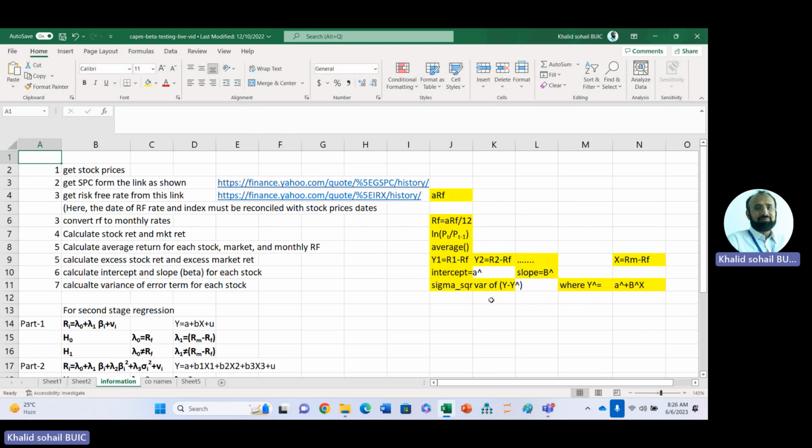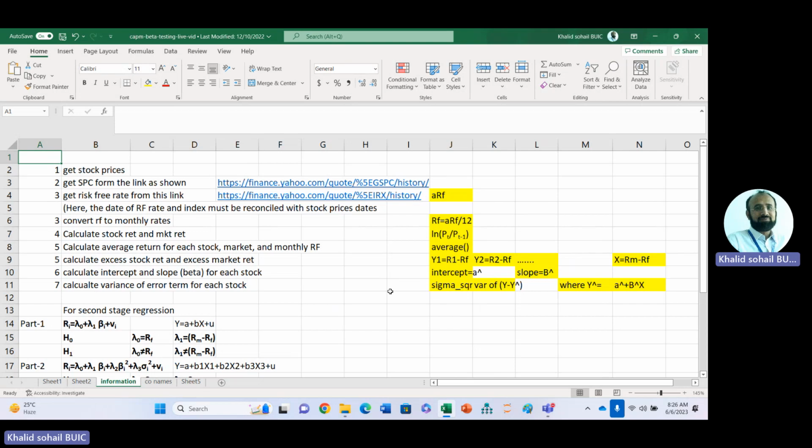We will get the error of each company, and let's say we have 100 companies, so we should have 100 error terms. Then we will find the variance of these errors for each company, which is called sigma square.